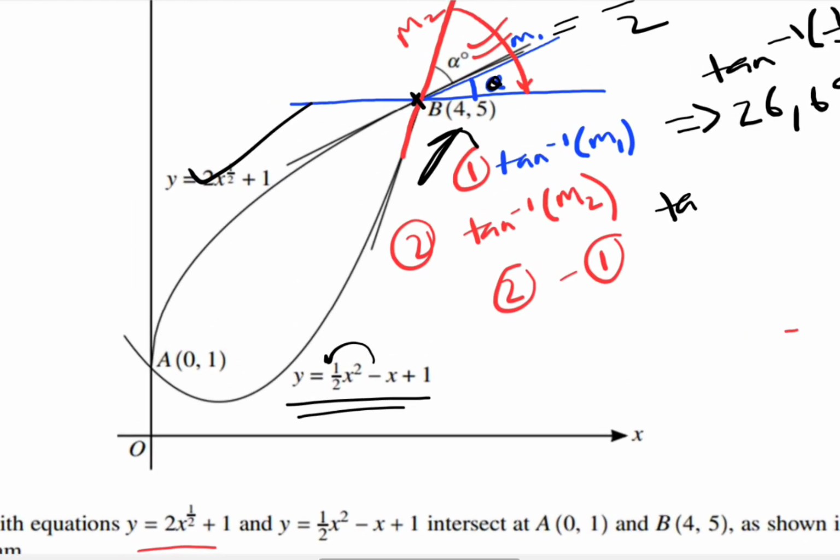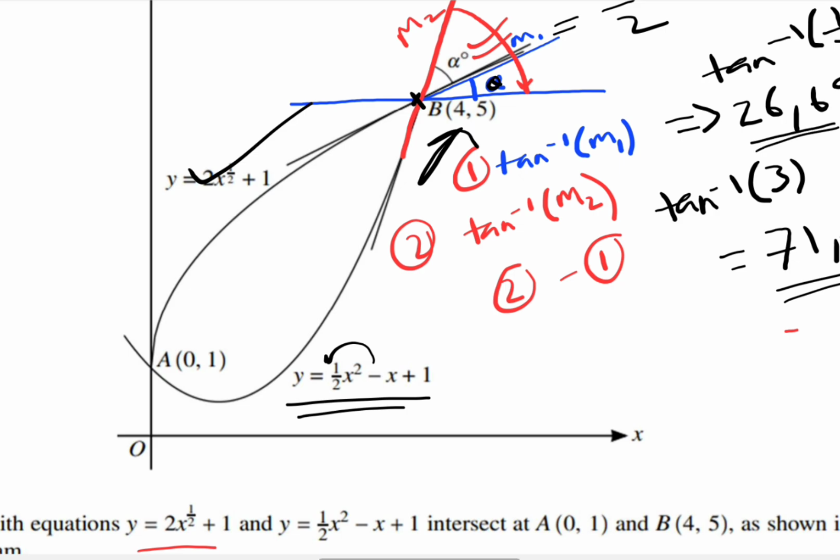Our tan inverse of m2, which is 3, will give us tan inverse of 3, which is 71.6 degrees, right.